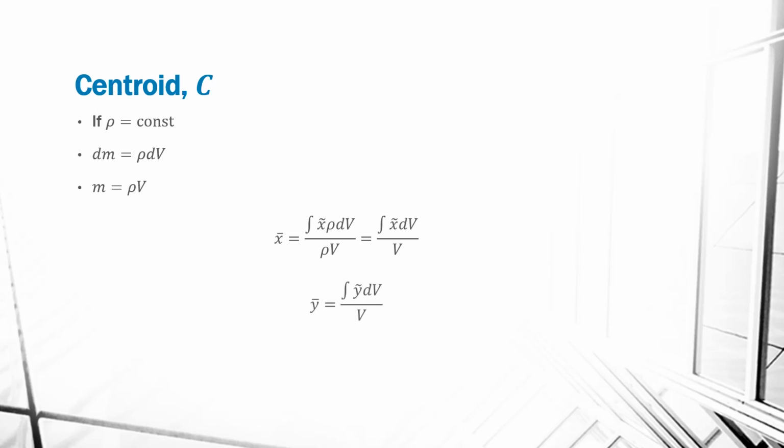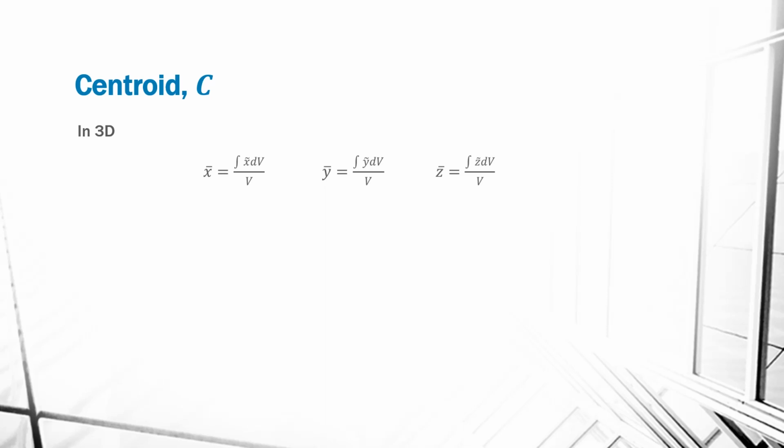We can repeat this process for the y coordinate and for the z coordinate, and this will give us the location of the centroid. Now, again, it may seem like the centroid and the center of mass are the same thing. However, notice that the centroid only depends on the geometry of your body, not on the density or mass distribution of that body.